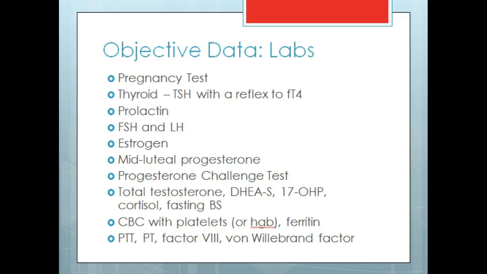Okay, so mid-luteal progesterone, that would be a way that you could confirm that she is indeed ovulating. So again, if you're able to get at her cycle about halfway through between when you think she ovulated and when she's expecting her period again, if you draw labs for progesterone and it's a good number, then that's indicative that she is indeed ovulating.